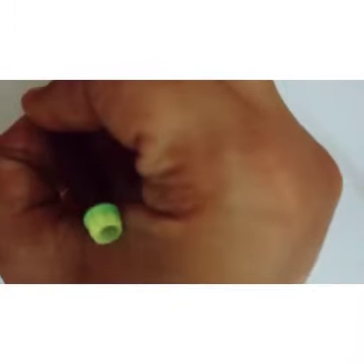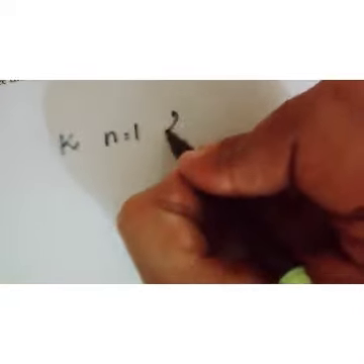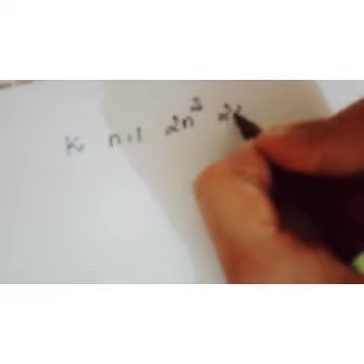The first period has only one shell, that is the K shell. The K shell has n value 1. So the maximum number of electrons the K shell can accommodate is 2n square, that is 2 into 1 square, equal to 2.